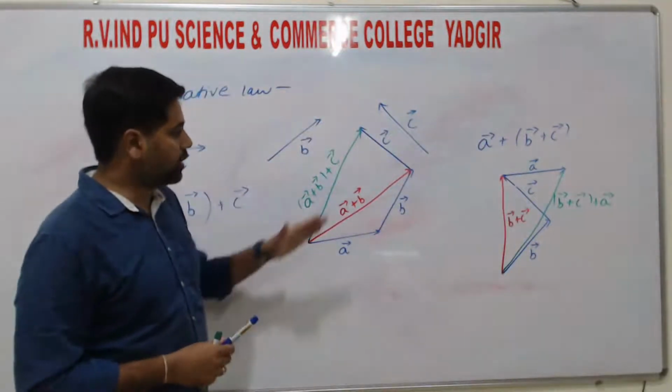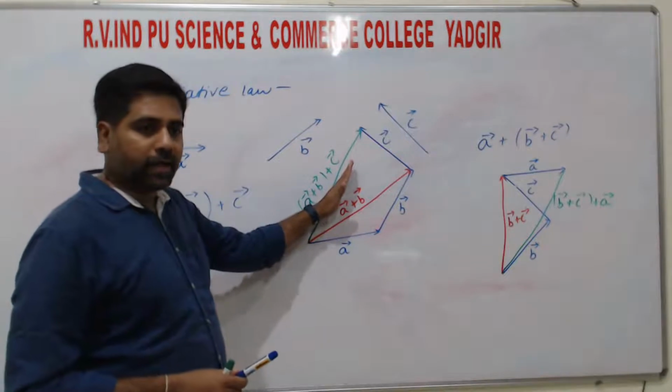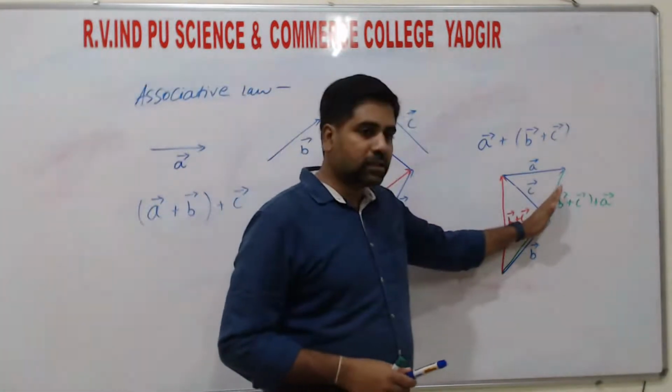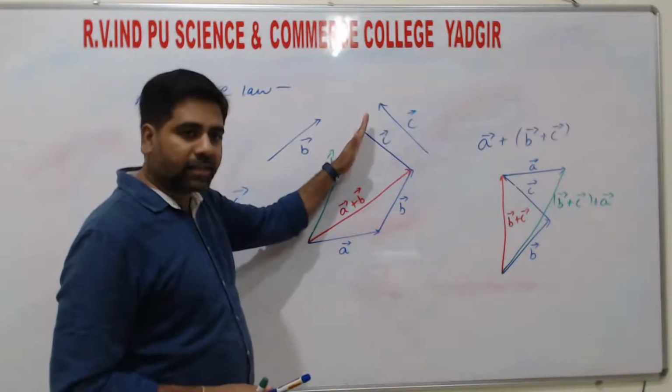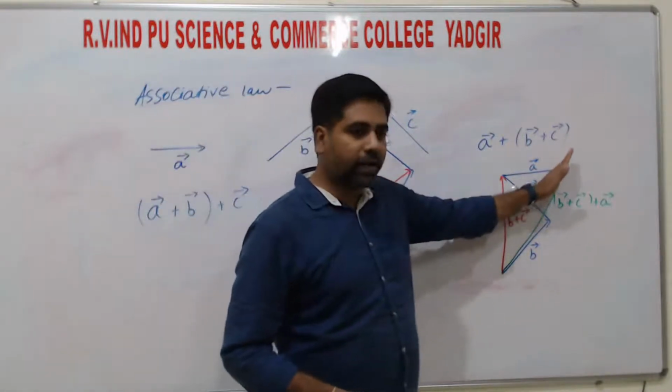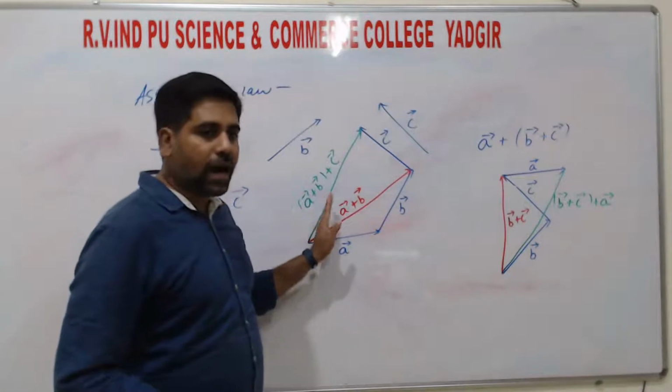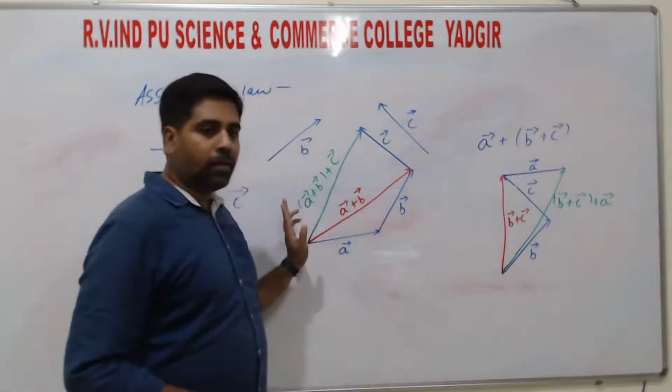Now observe here, this vector is parallel to this vector, right? If you observe, it has the direction like this, and this vector also has the same direction, and these two have the same magnitude.